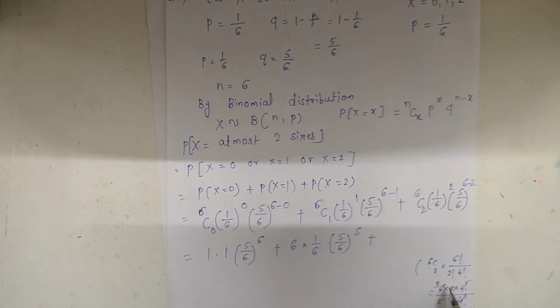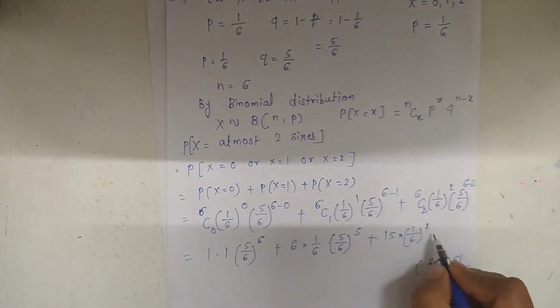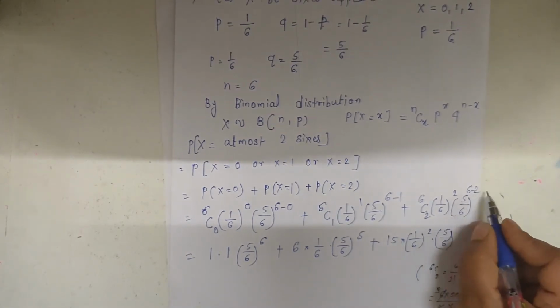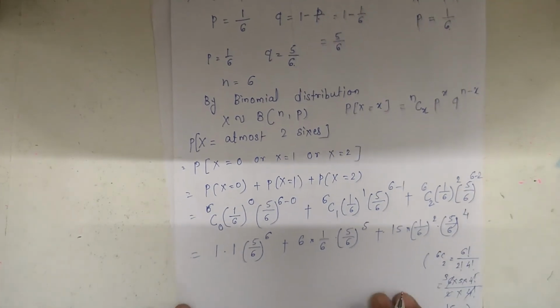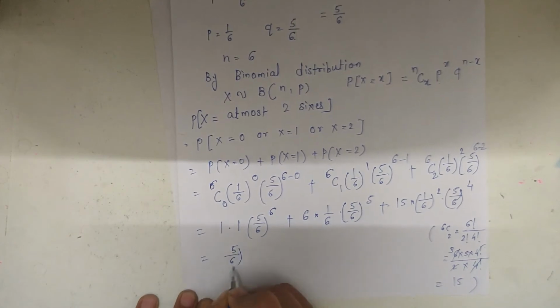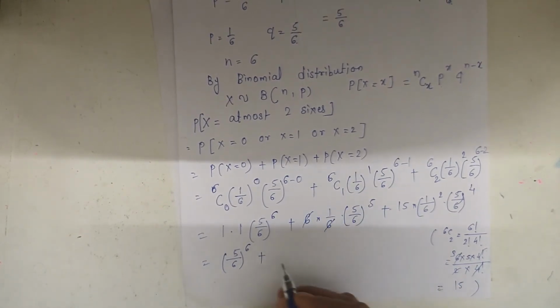So the value of 6C2 is 15 into 1 by 6 raised to 2 into 5 by 6 raised to 6 minus 2, 4.